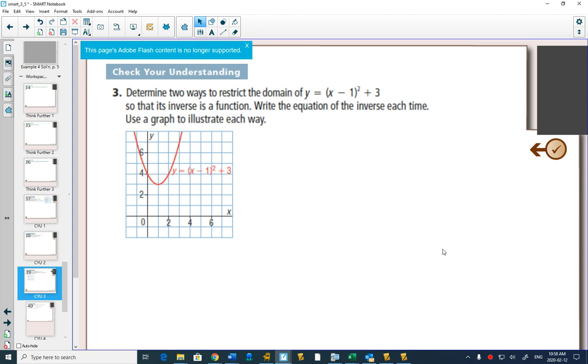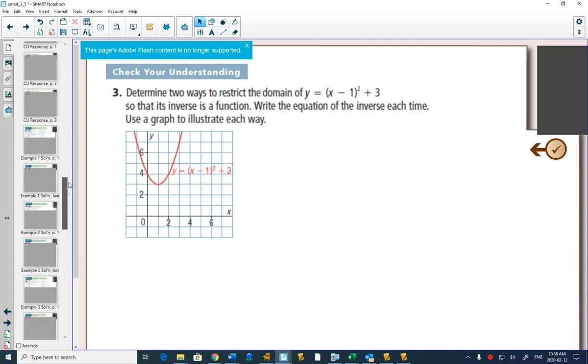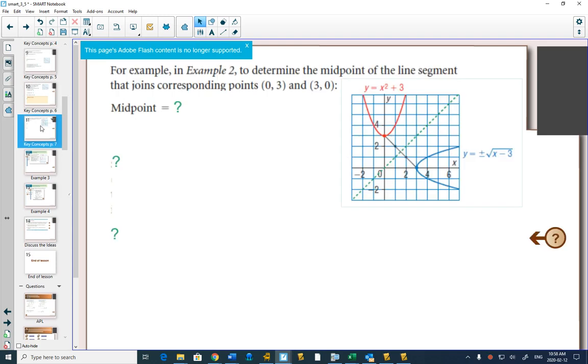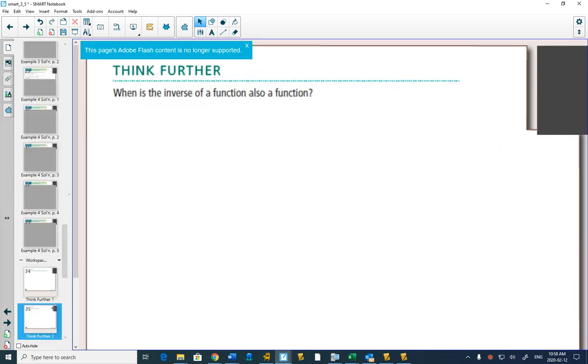And actually right before this, there's a note on the page before that I think it's worth talking about right here as a review. It says, when is the inverse of a function also a function? For example, we've done parabolas already.